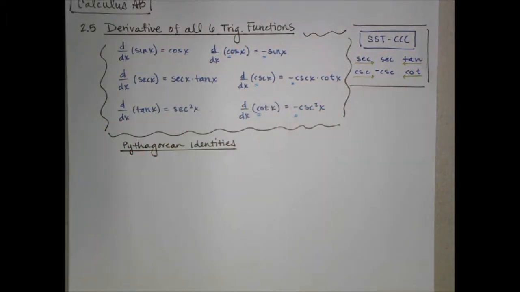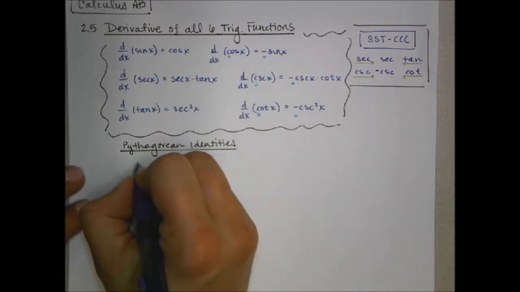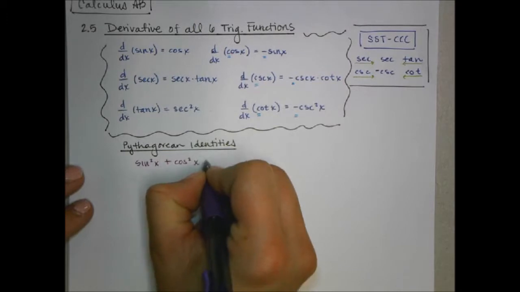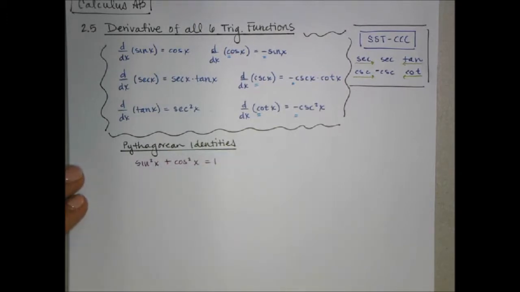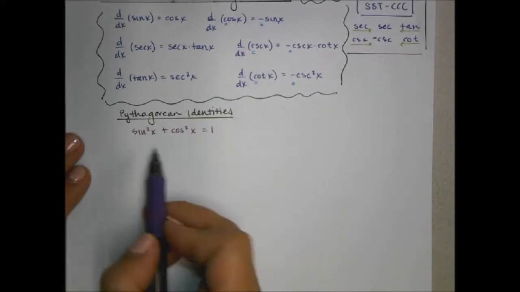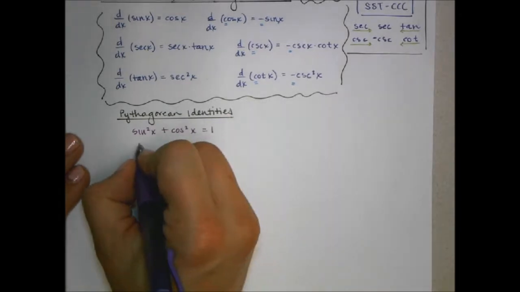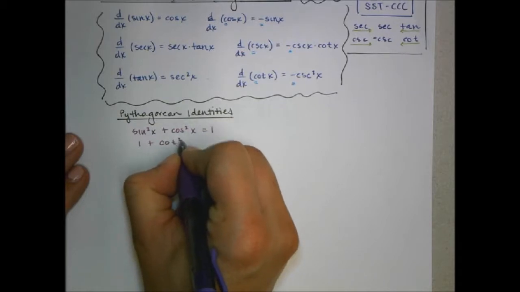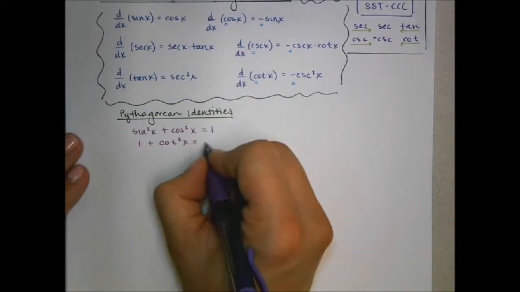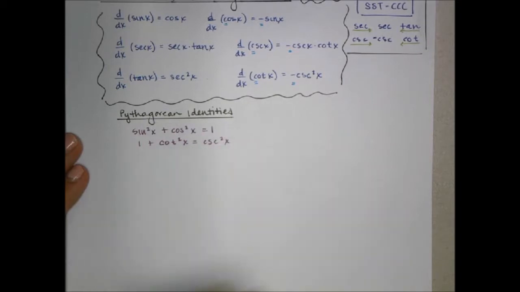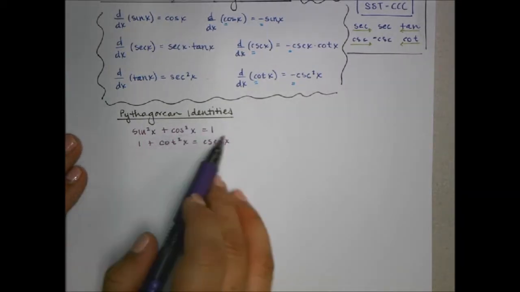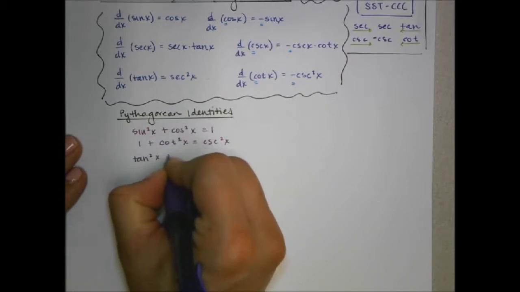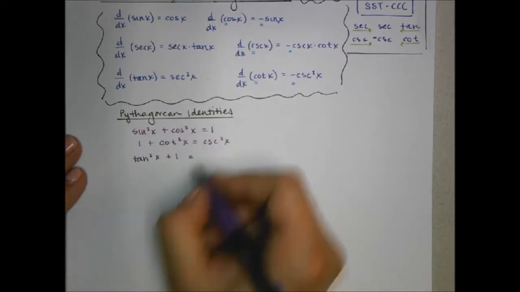And the first one we have is sine squared plus cosine squared is 1. If you can remember that one, you can always derive the other 2. So if we divide all 3 terms by sine squared, we end up with 1 plus cotangent squared is equal to cosecant squared. And instead, if we divide all 3 terms by cosine squared, we end up with tangent squared plus 1 is equal to secant squared.